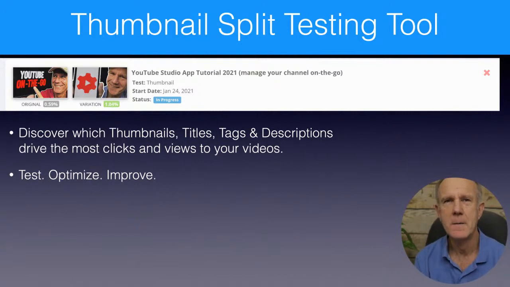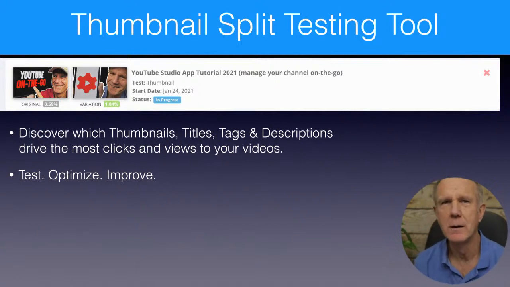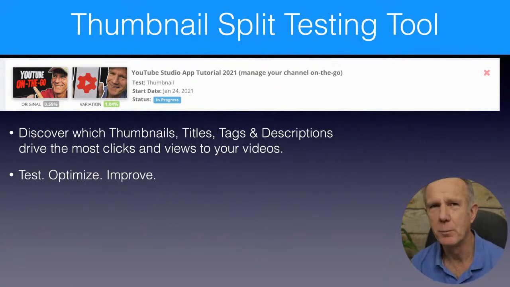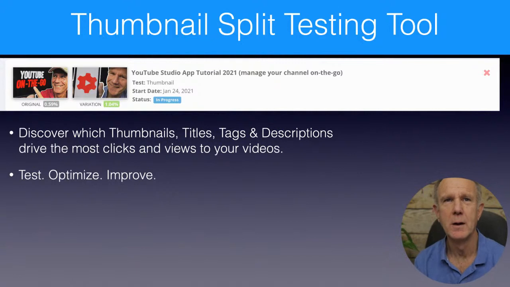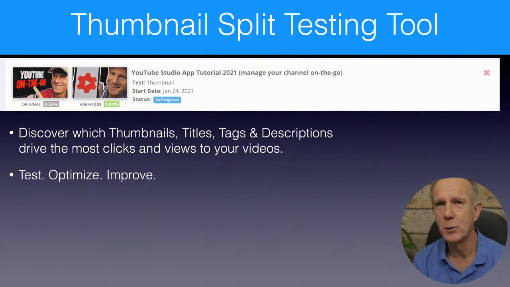So when I asked people in my Facebook group which thumbnail they thought would do the best, or which they preferred, they chose the left one. But I split tested the original and the variation, and according to the TubeBuddy split testing tool, the variation is doing better than my original.